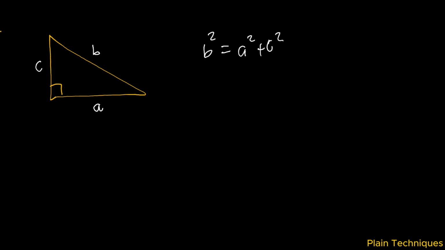All right, now let's say you are given a triangle, this is triangle RXY. The first thing that you need to do is to be able to identify your hypotenuse.